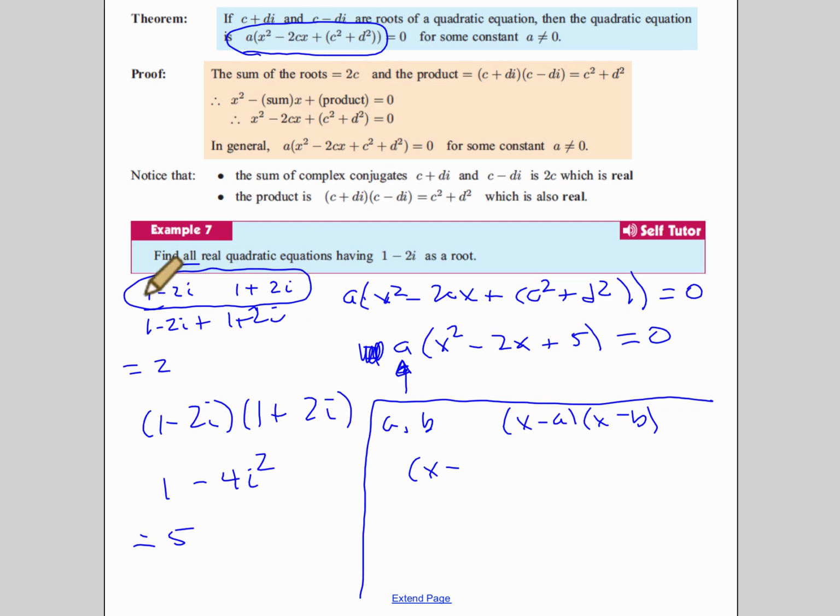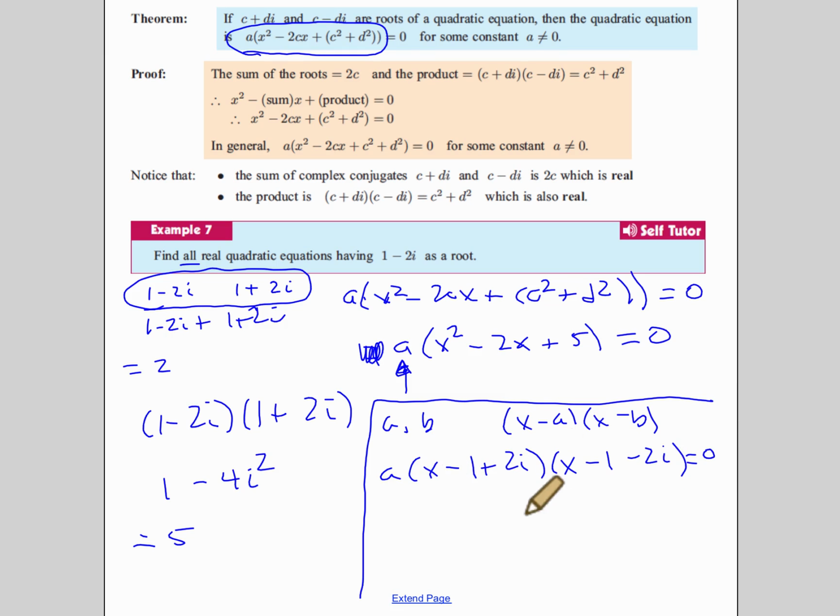Now you have to be careful. You have to distribute the negative here. I'm subtracting all of this, so subtracting 1 minus 2i, I have x minus 1 plus 2i multiplied by x minus, then if I subtract this one, it's x minus 1 minus 2i. Okay? And I'm going to go ahead and put the a in front of there and just forget about it until I do all this simplifying.